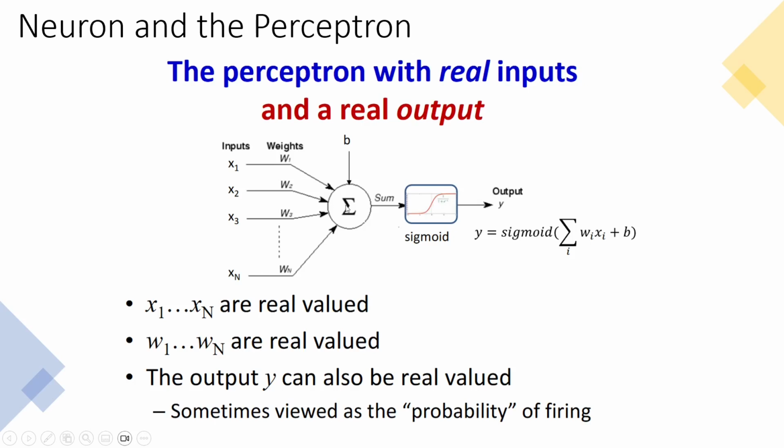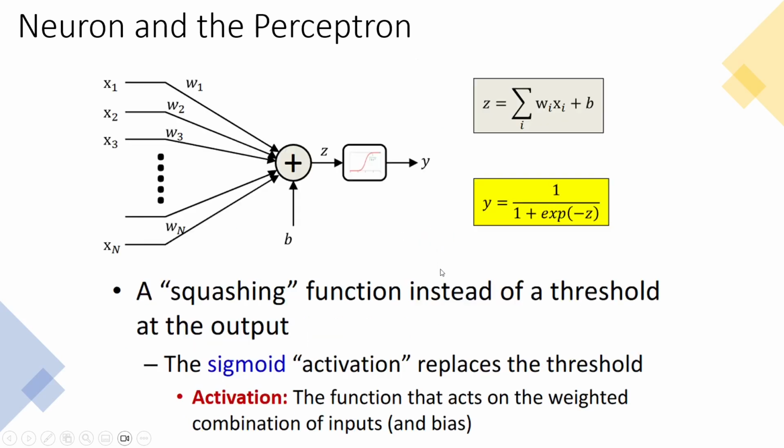We can have a real value as well. And we will be using our good old friend the sigmoid function in order to achieve this. So instead of using a simple threshold, we will be using the sigmoid function at the end of our network.